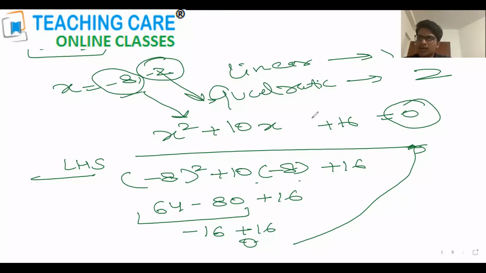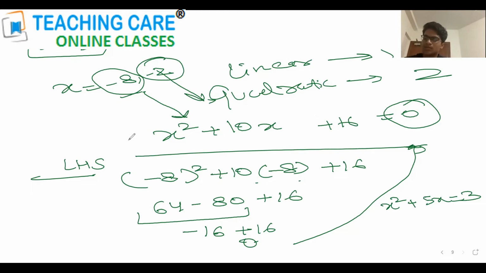Will this only work if the quadratic equation equals 0? Yes, if it is not 0, make it 0 by taking everything to the left side. For example, we have x square plus 5x equal to 3. This is just a random example. Then x square plus 5x minus 3 equals 0. Convert it into general form and then make it equal to 0.